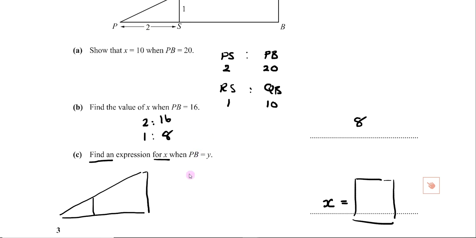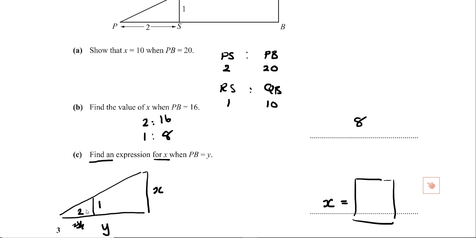So in this case, it says PB is y. You're now looking for, find an expression for x. This is x. What do you do? So we've got 2, yeah?